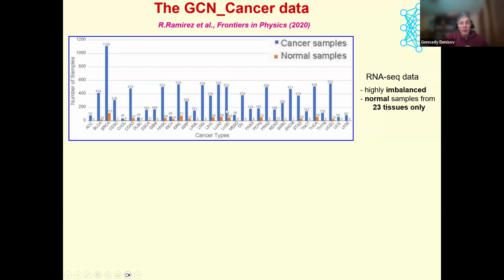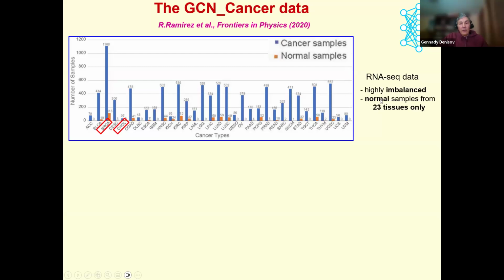This bar plot shows that this data are highly imbalanced in the sense that different types of samples are represented by a very different number of samples, ranging from breast cancer, represented by more than 1,100 samples, to cholangiocarcinoma, just 36 samples available.